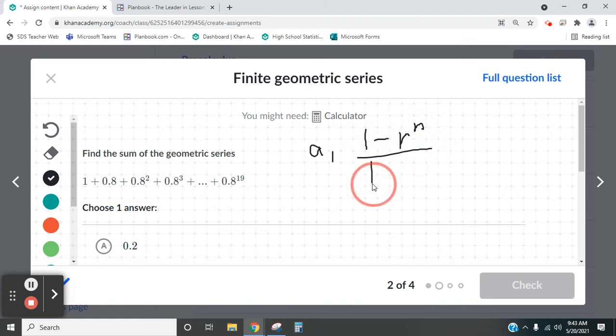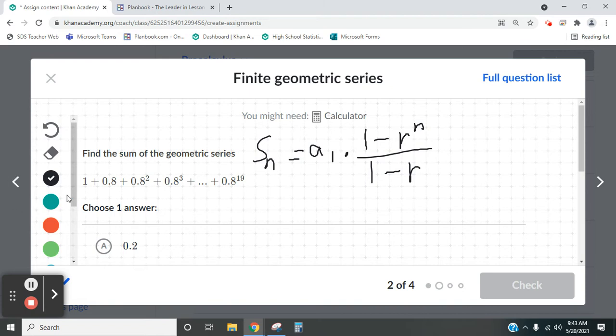It's that deal. This is equal to the sum of the first certain number of terms. It says find the sum of the geometric series, and that's what we're doing.